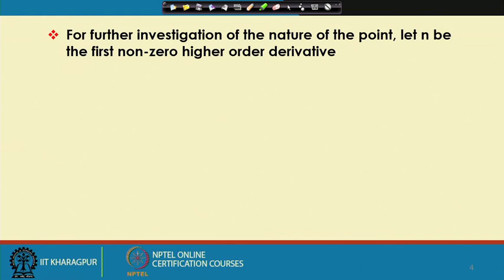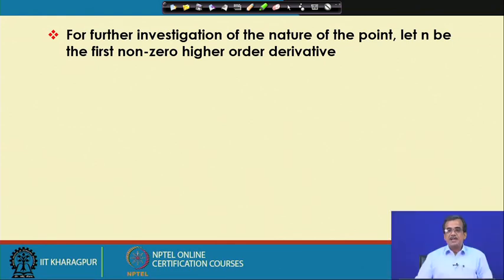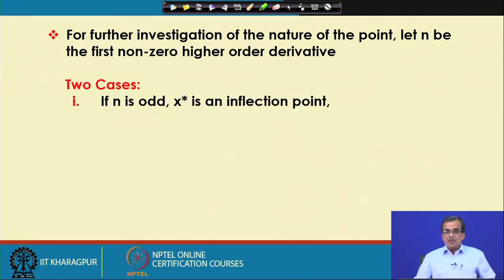Now, if you want to investigate further, we try to find out the higher order derivative, and supposing that n represents the first non-zero higher order derivative. Now, if this particular n, which is nothing but the first non-zero higher order derivative, is found to be odd, then x star is nothing but an inflection point.